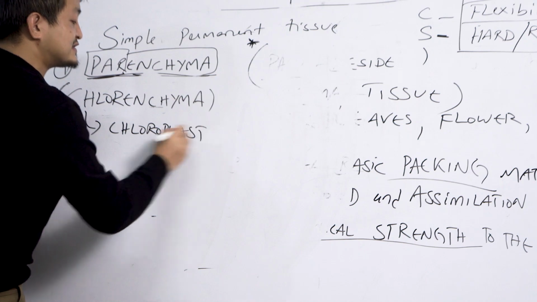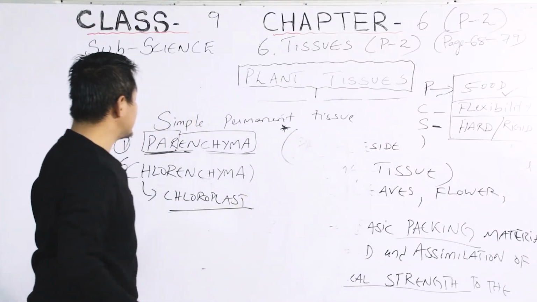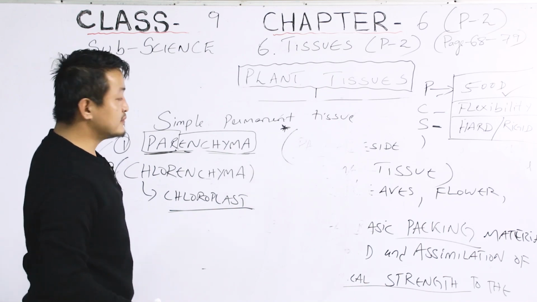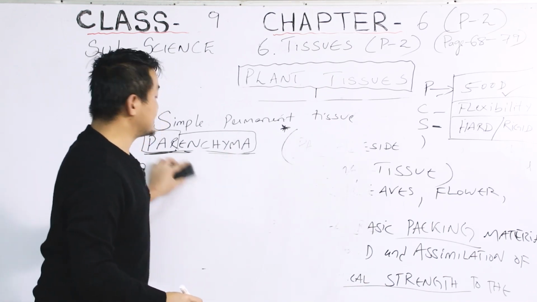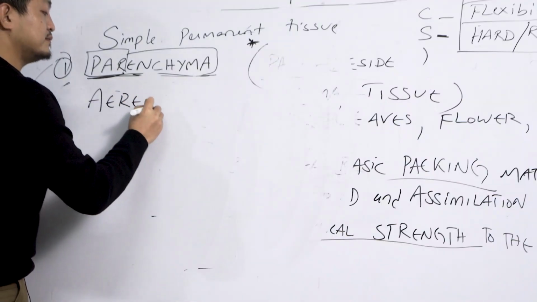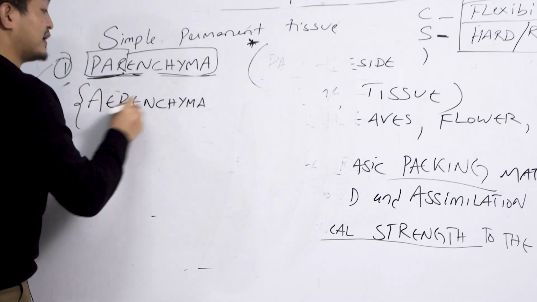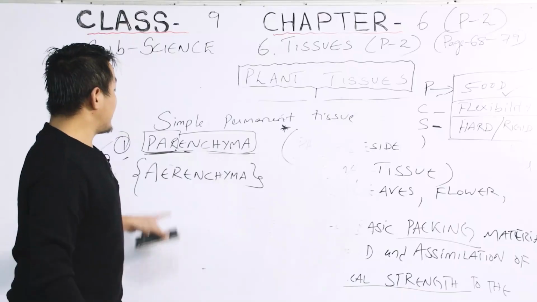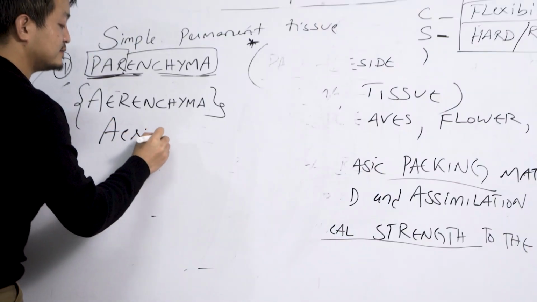If chloroplast is present in the plant, then it is known as chlorenchyma. Clear? And the other word under this is aerenchyma. Now, aerenchyma has to do with the aerial.